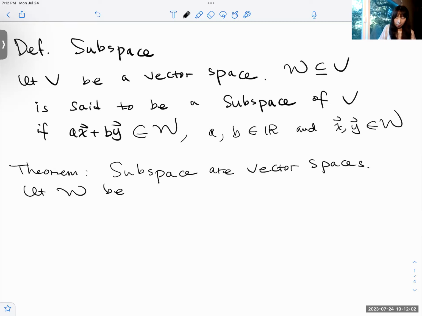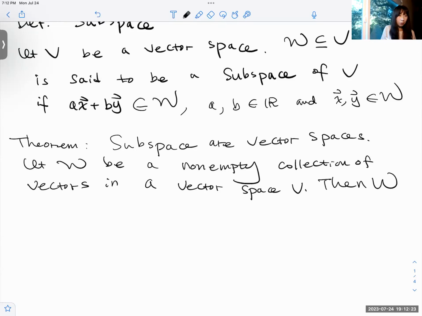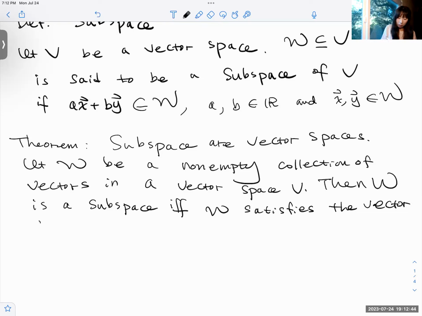Let W be a non-empty collection of vectors in a vector space V. Then W is a subspace if and only if W satisfies the vector space axioms, using the same operations, meaning addition and scalar multiplication, right? Using the same operations.